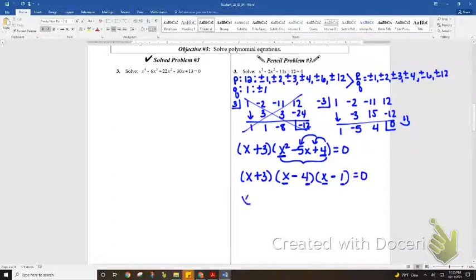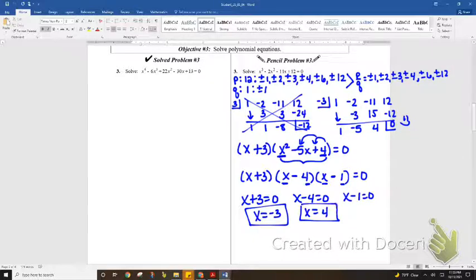And then we can just set them each equal to 0 and solve. So subtract the 3, add the 4, and add the 1. And so I have my 3 zeros there, and I should have got 3 because I started out with x cubed.